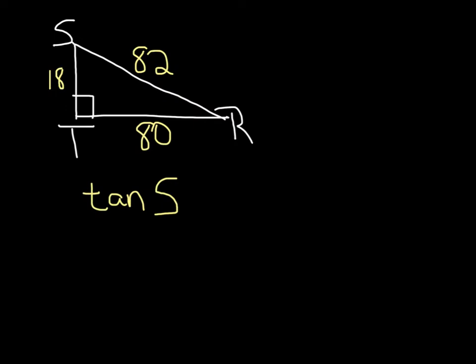Here's another example with some actual numbers for the sides of the triangle. We have triangle RST. If we want the tangent of S, that means we're going to come from this angle right here, this vertex S. We know that we're going to have the side that is opposite over the side that is adjacent.